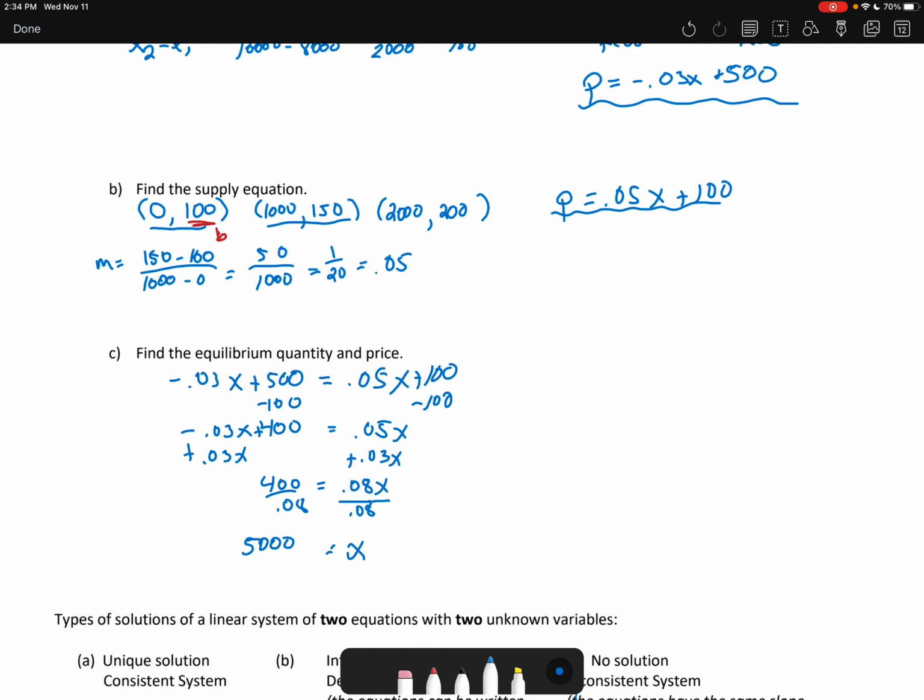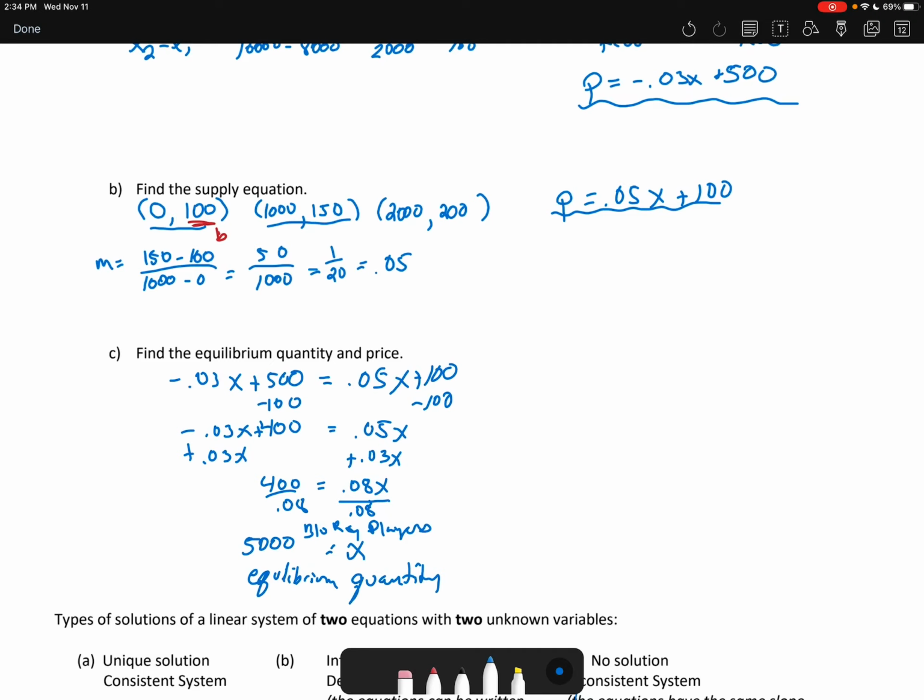What's important to remember here is that this is the equilibrium quantity: 5,000 Blu-ray players. If they make and sell 5,000 of them, the market will be at equilibrium.